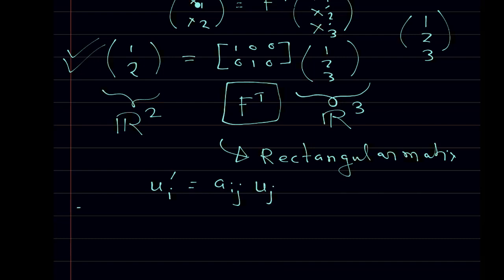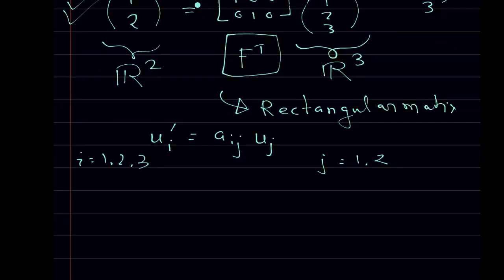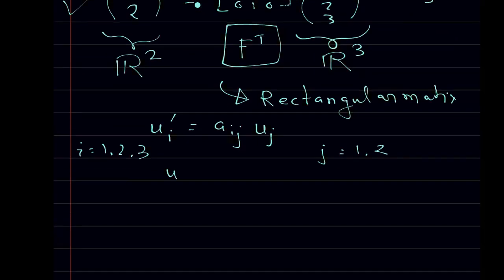Now imagine that i goes from 1 to 3 and j goes from 1 to 2. In this way, you can find U1 prime is equal to A11 U1 plus A12 U2.